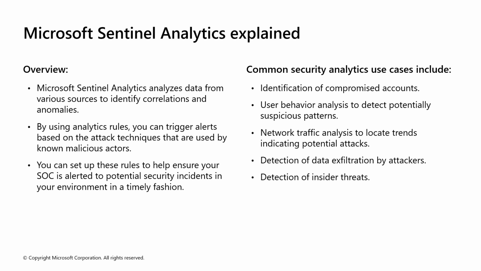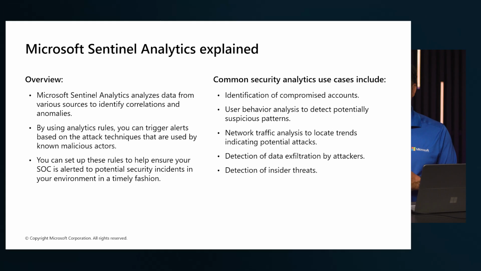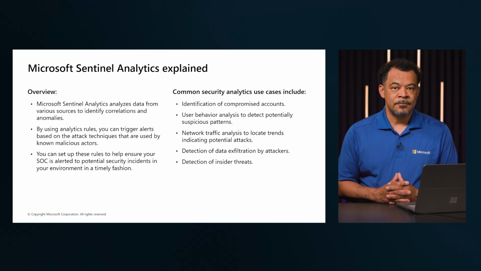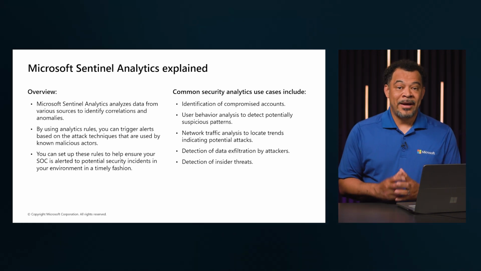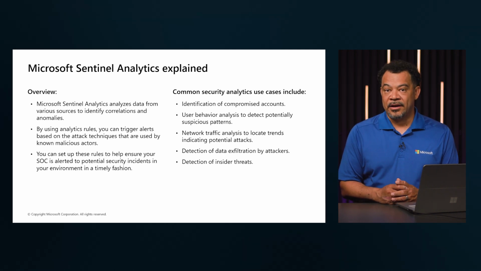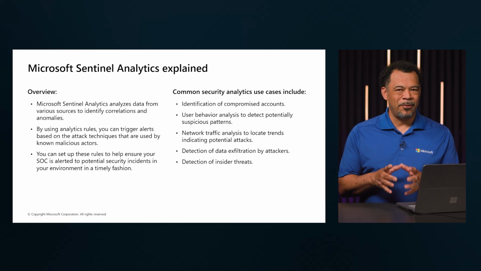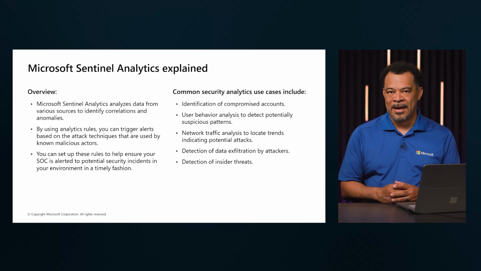Here we have a breakdown of the 7 types of analytics rules available in Microsoft Sentinel. Each is designed to address different detection needs, starting with Microsoft Security and Fusion rules, which leverage native signals and correlation logic. We also have machine learning-based behavior analytics that identifies subtle patterns in users or entity behavior.